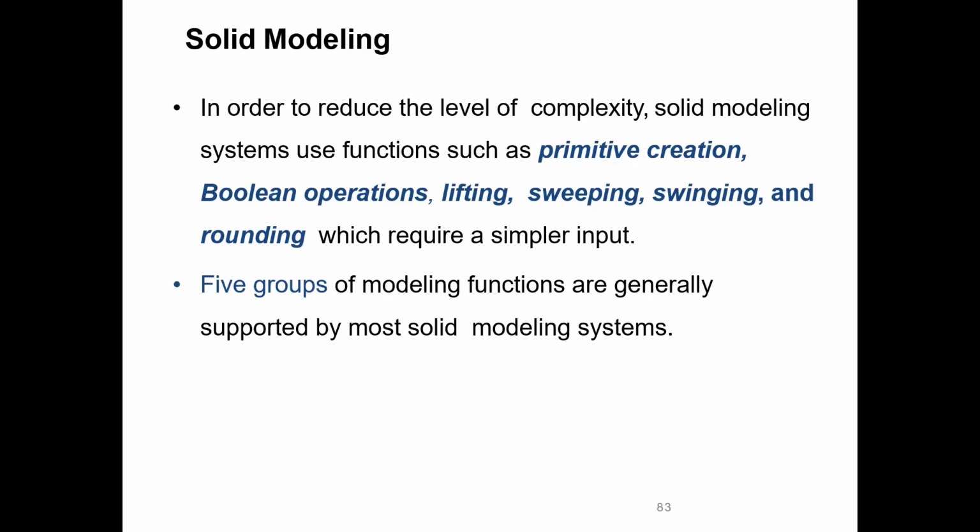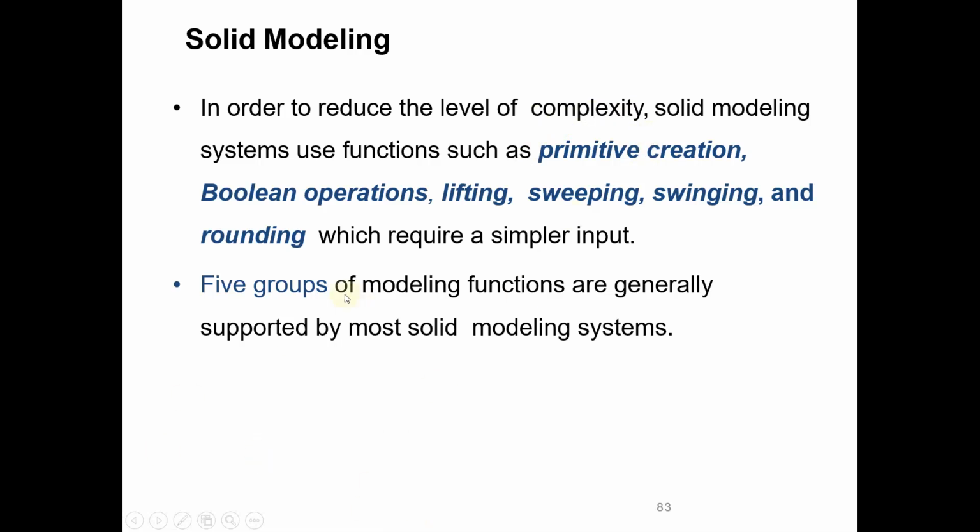So we have other functions which help in creating complex objects, such as the Boolean operations, which we discussed, in combination with other functions like lifting, sweeping, swinging, rounding, etc. If we combine all these operations together, we can easily create a solid model with a very complicated geometry.